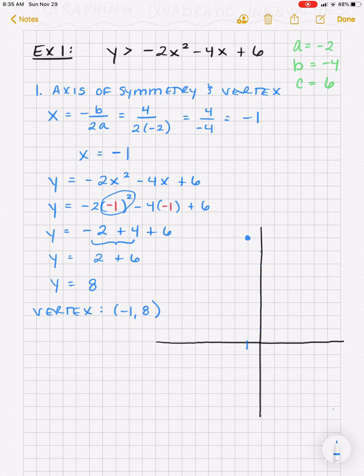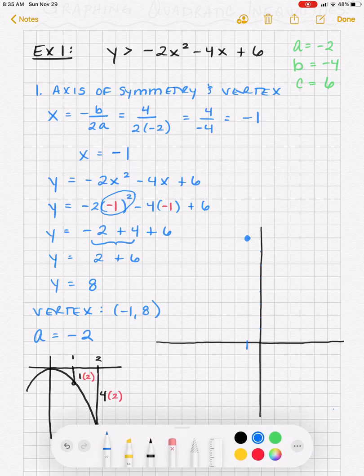Now, what is nice about this is that now that we know how to graph a vertical stretch, we don't need to plug in other points anymore like we used to. With a parabola, if I want to graph a vertical stretch of 2, the negative part means it flips upside down. The way it works to graph a parabola is you would go over 1, down 1 unit, over 2, down 4. Well, with a vertical stretch of 2, all these vertical components are going to be multiplied by 2.